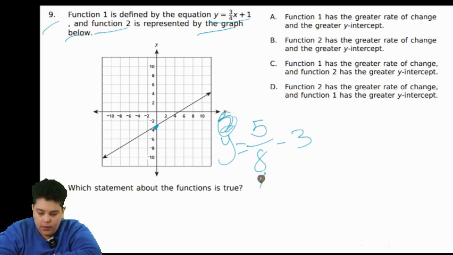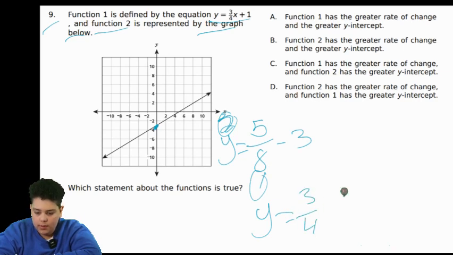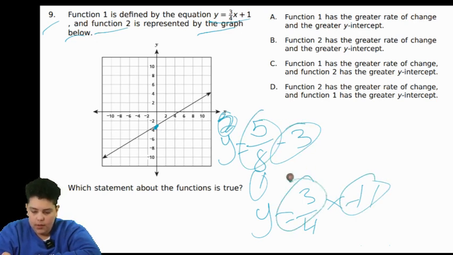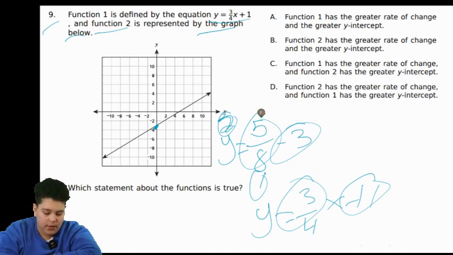For the first one, the equation is y equals 3/4 x plus 1. Based on they have different y-intercepts and different slopes, what I would do, in my opinion, is divide the y-intercepts. So 5 divided by 8 gives me 0.625.